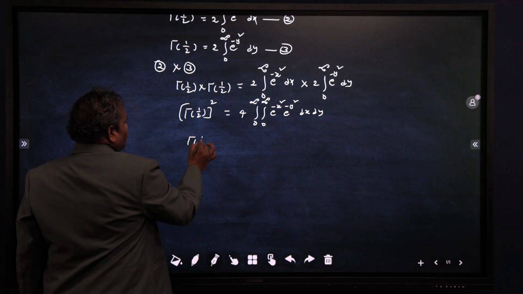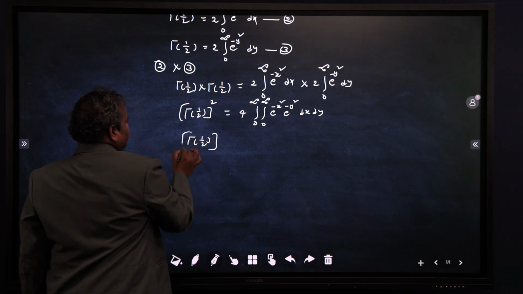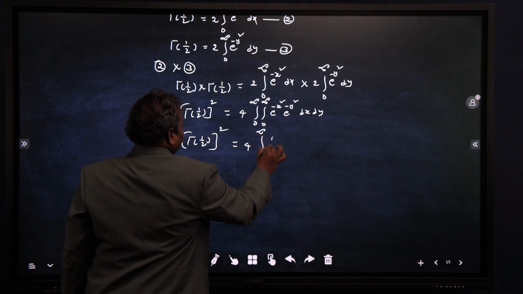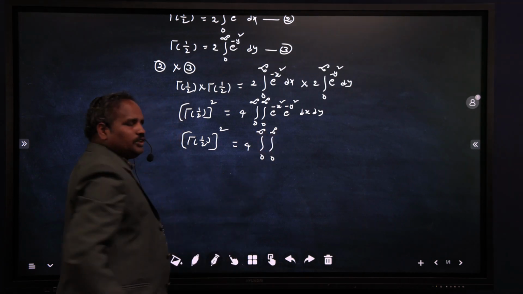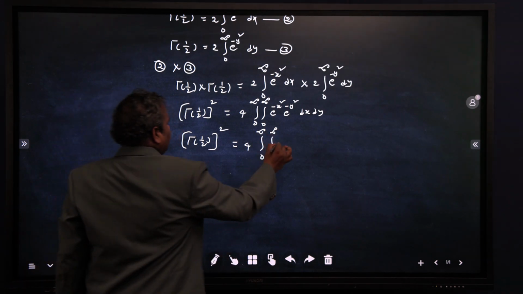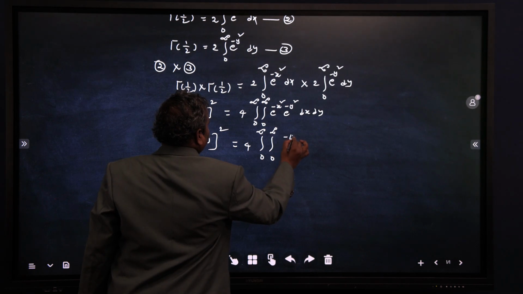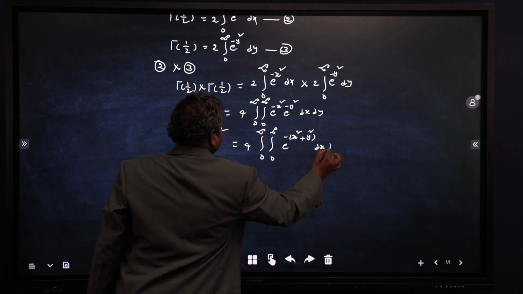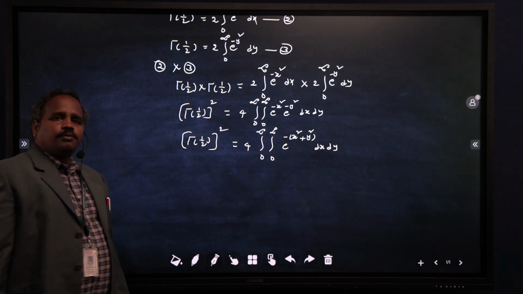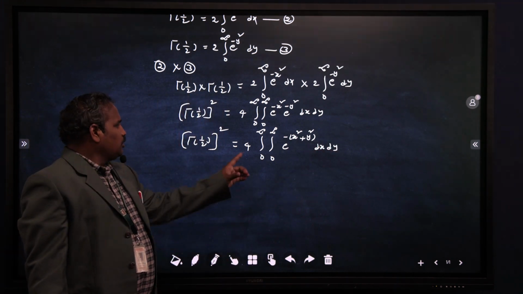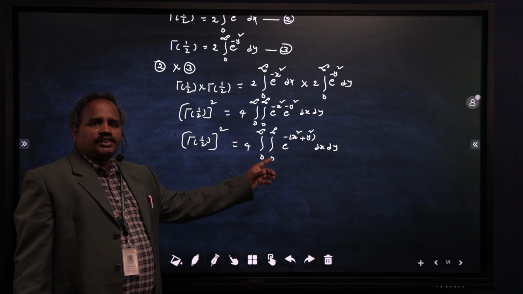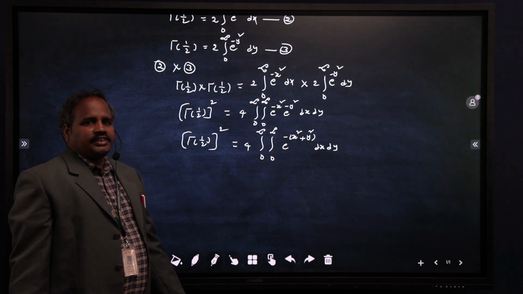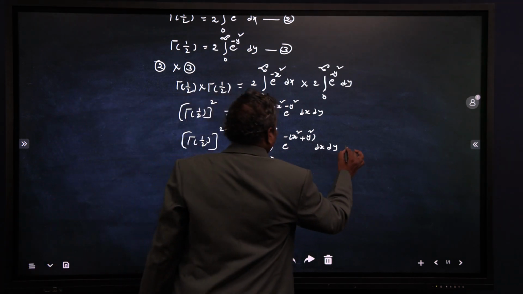Since bases are equal, powers should be added, taking minus common. So gamma of 1 by 2 whole square is equal to 4 into integral 0 to infinity, 0 to infinity e power minus x square plus y square dx dy. Let it be equation number 4.